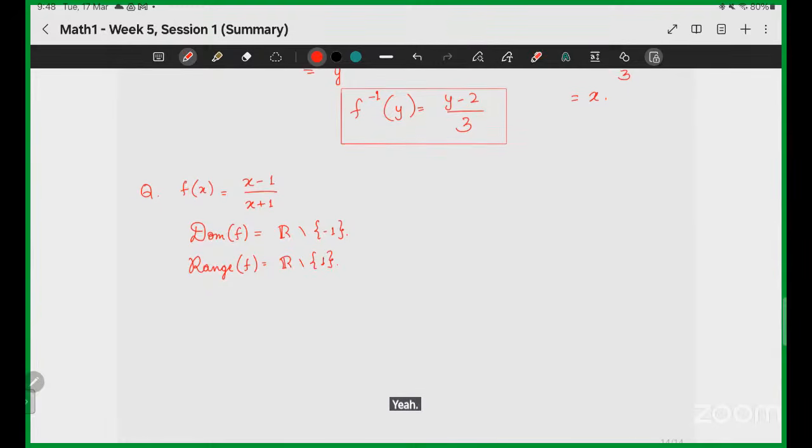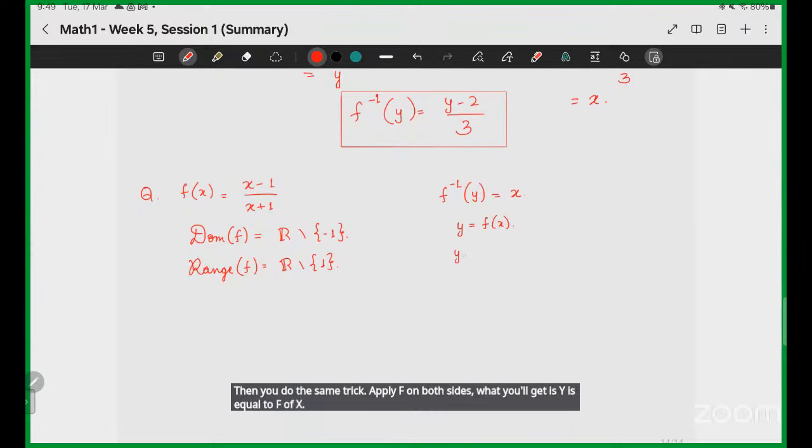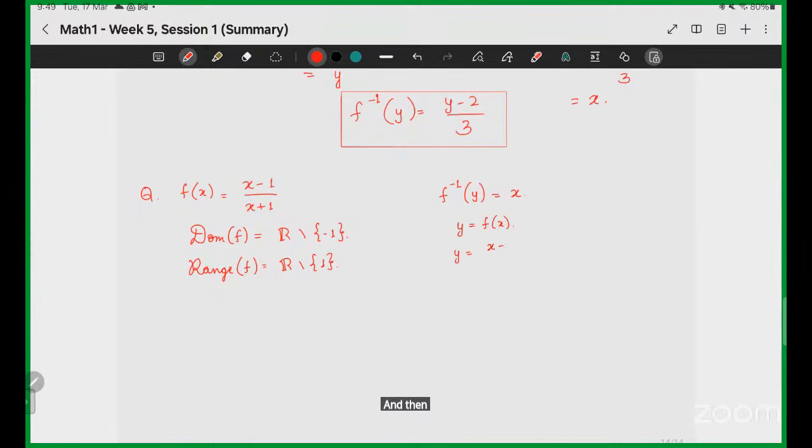So to see that, you can actually try to compute the inverse of this. Suppose f inverse of some element y is equal to x, then you do the same trick, apply f on both sides. What you'll get is y is equal to f of x, and that will be x minus 1 divided by x plus 1.